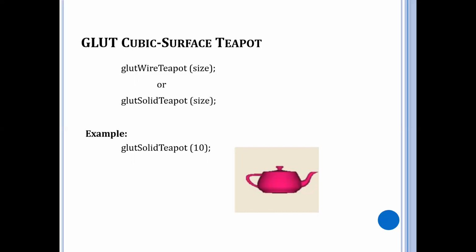What is world coordinates for us? On a window where you have x maximum, x minimum, y maximum and y minimum, that is your world coordinate for you. And here is an example taken, which is glutSolidTeapot of 10. That means it generates a teapot which is solid, not wired, whose size is equal to 10, which you can see on the screen here.